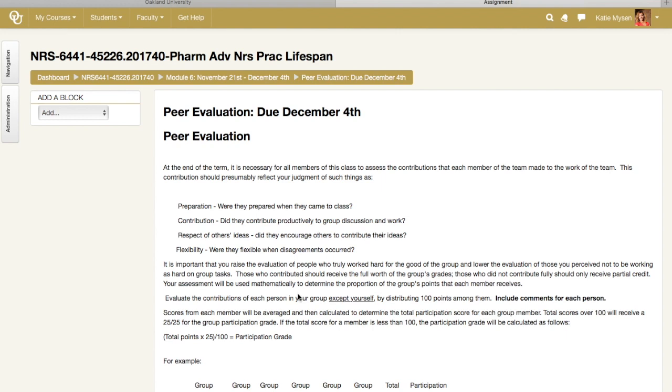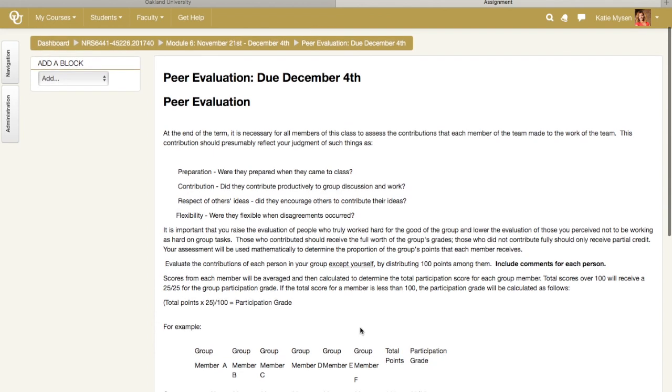Did they contribute productively to the group discussion and to the work? Did they respect others' ideas? Were they flexible when disagreements occurred? So you have 100 points to divide up between your group members. And you don't grade yourself, but between the rest of your group members, you have to divide up 100 points.